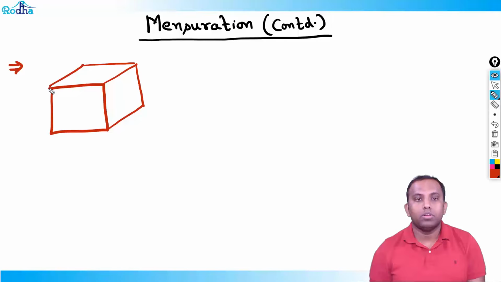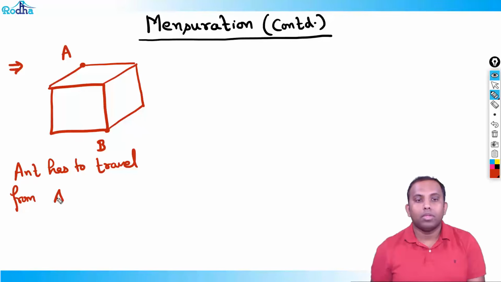So in this cube, an ant is coming like this from point A and point B. Okay, so ant has to travel from A to B. What could be the shortest distance?